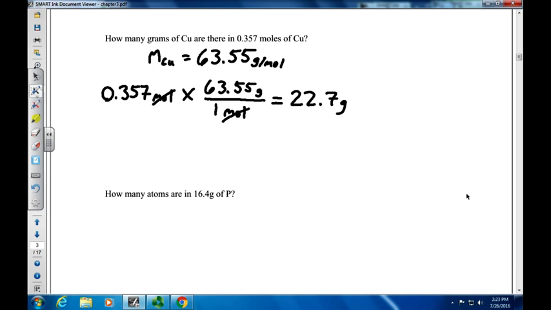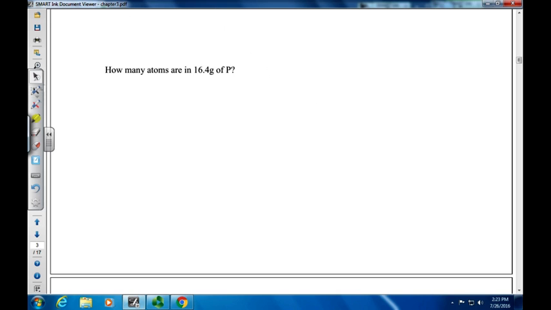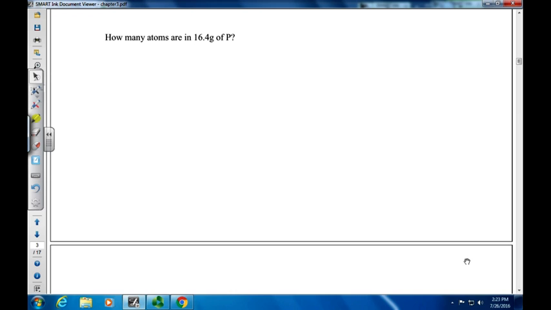The last example I want to go over is involving Avogadro's number. So, the question asks, how many atoms are there in 16.4 grams of phosphorus? That seems a little intimidating at first, but don't worry, we'll work through it.